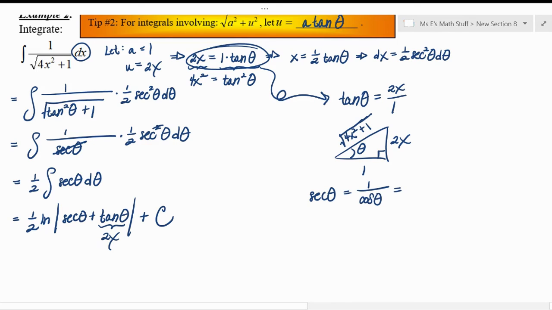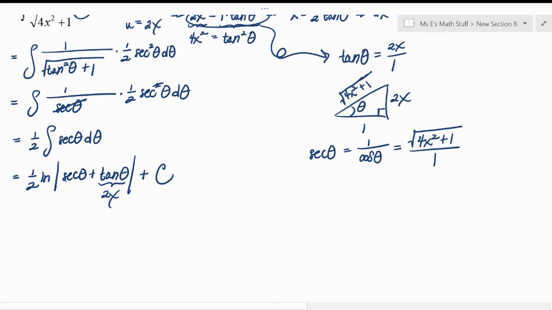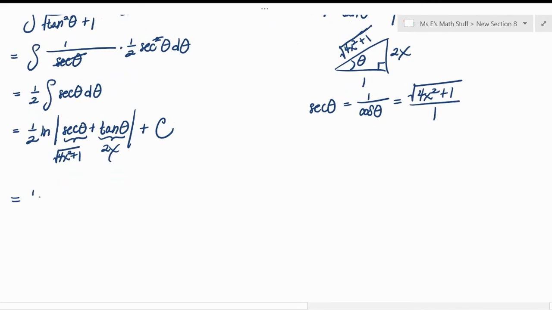So if cosine is adjacent over hypotenuse, secant would be hypotenuse over adjacent. So that means for secant theta, back over here, I can replace that with the square root of 4x squared plus 1. So my final answer would be 1/2 times the natural log of the absolute value of the square root of 4x squared plus 1, plus 2x, close absolute value, plus c.